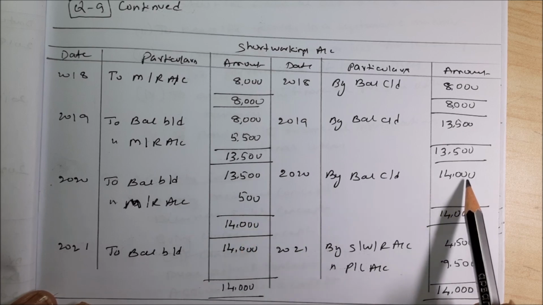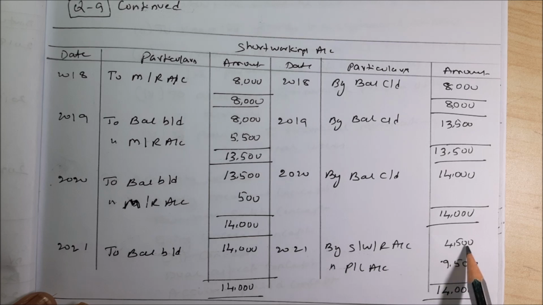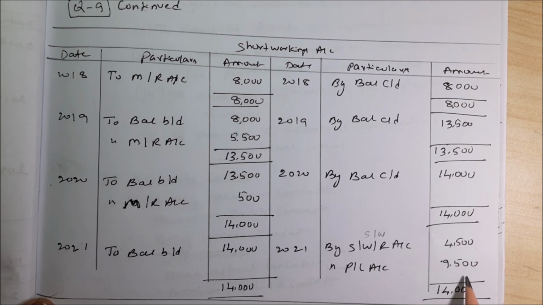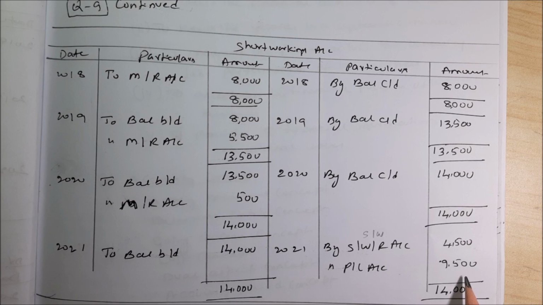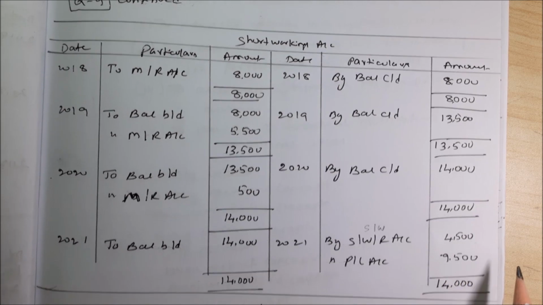Then it comes to 14,000. Short working recouped is how much? 4,500, which we have transferred from there. You can say in the short working account that is called recouped, 4,500. So profit and loss account, how much? 9,500. That means what you cannot recoup will be transferred to the profit and loss account.